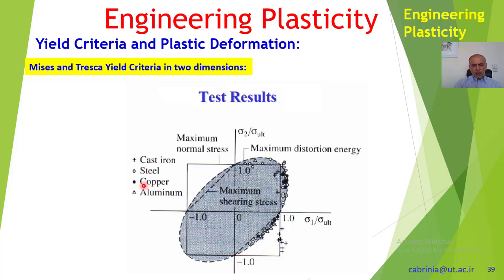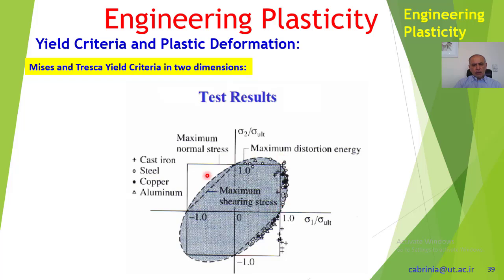Another thing you can see here between copper, aluminum and steel, you can see that small circle, we have it somewhere here inside the hexagon and inside the Tresca and Mises criteria, but the copper and aluminum are almost on the line, on the yield criteria in here, the yield locus, because they are FCC materials, this copper and aluminum, and they have high ductility.